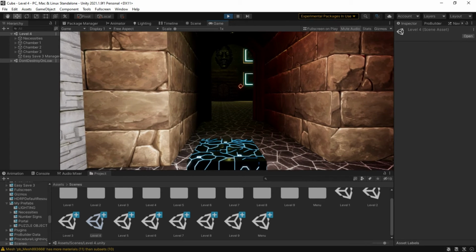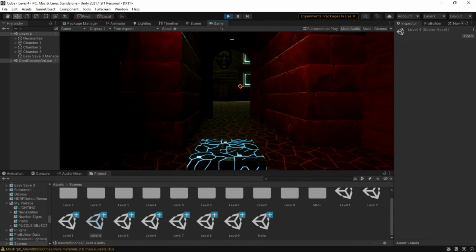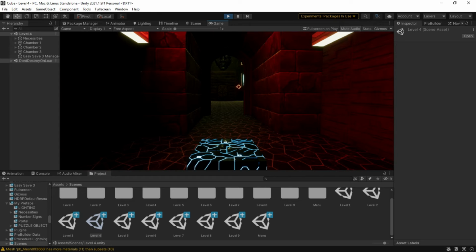If anyone knows how to fix this, please tell me in the comments. I honestly do not know, and this is the best I can do. Sorry, but I think it makes it playable for people who don't like it so dark.